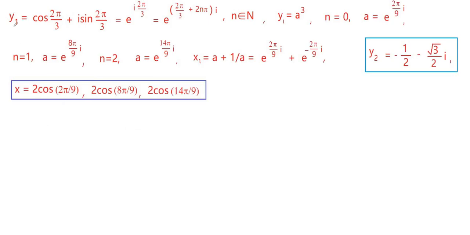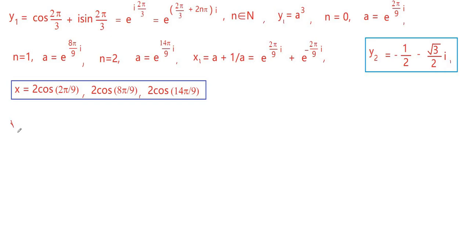Someone may think, from y1 you get 3 roots, and from y2 you may get another 3 roots. How come you get 6 roots for a cubic equation? Okay, let us see what we get from y2.